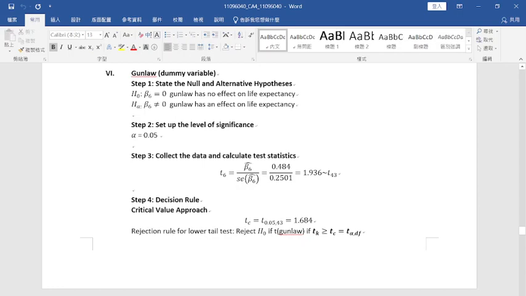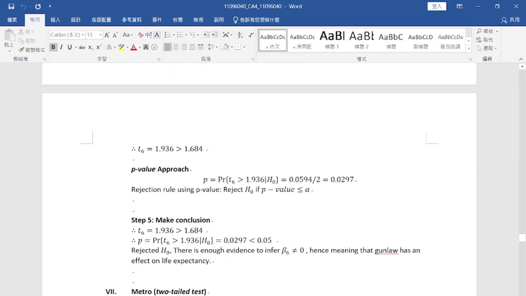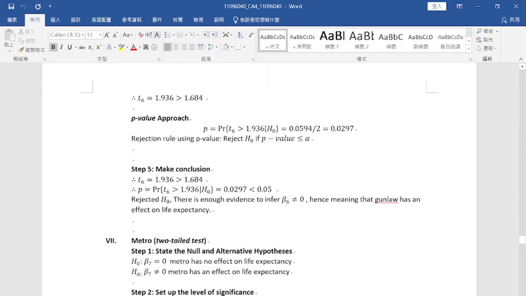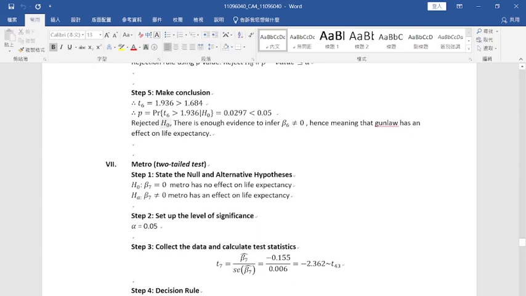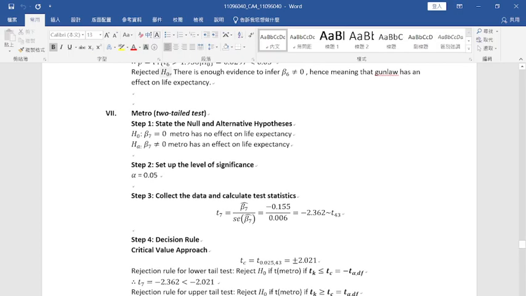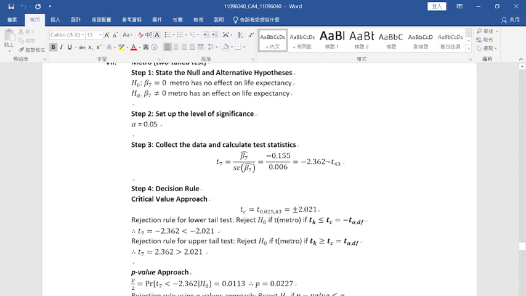So you're working with one-sided, but you stated two-sided in the alternative hypothesis. I guess I wrote it wrong. Okay, so this is positive, right? Yes, it has a positive relationship and we reject the null hypothesis. And this one is a two-tailed test for metro. The null hypothesis is beta 7 equal to 0, and the alternative hypothesis is beta 7 not equal to 0.